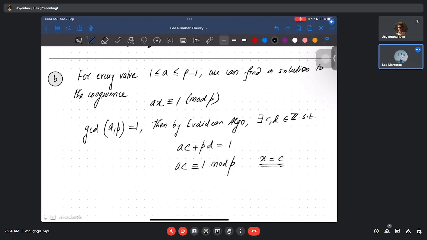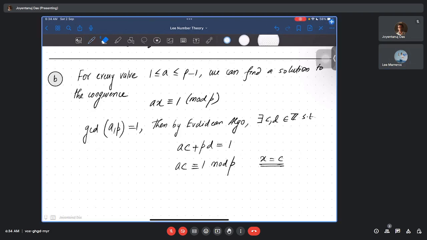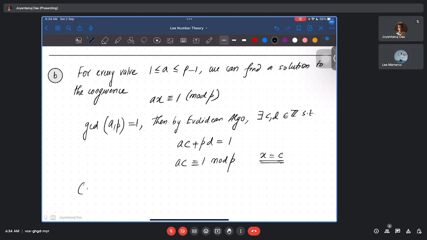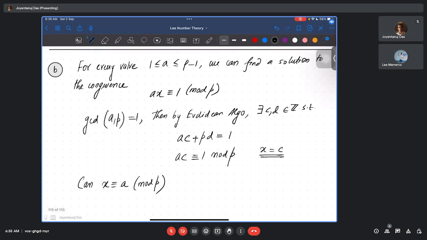So the next question is, can x also be equal to a mod p? What it is saying is, when can I have x congruent to a mod p? That is only true if I put x equals a, then a squared is congruent to 1 mod p.